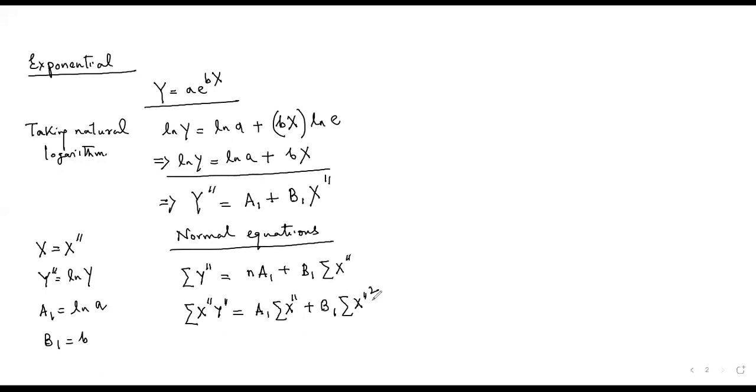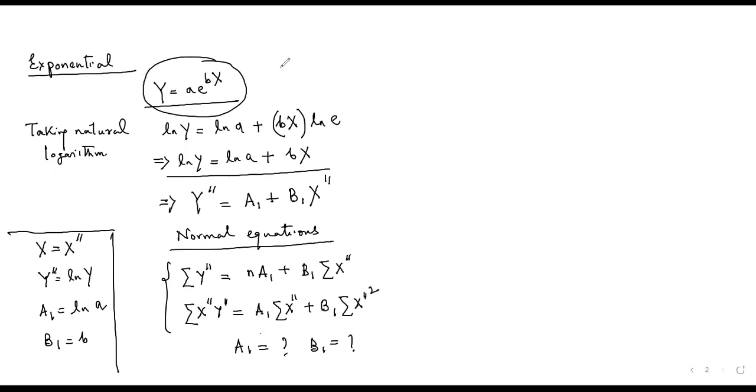These equations will be solved for A1 and b1. These values will be obtained as before, and by taking the anti-logarithms, we will find small a and small b, and that can be replaced over here in this equation.